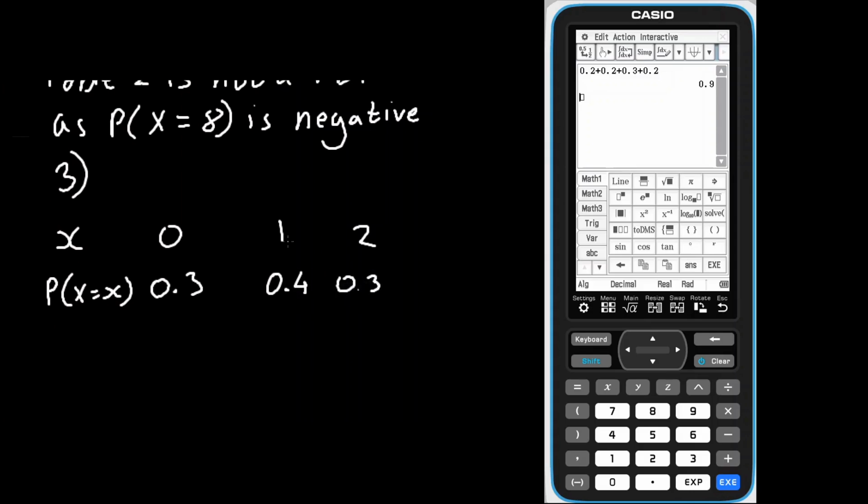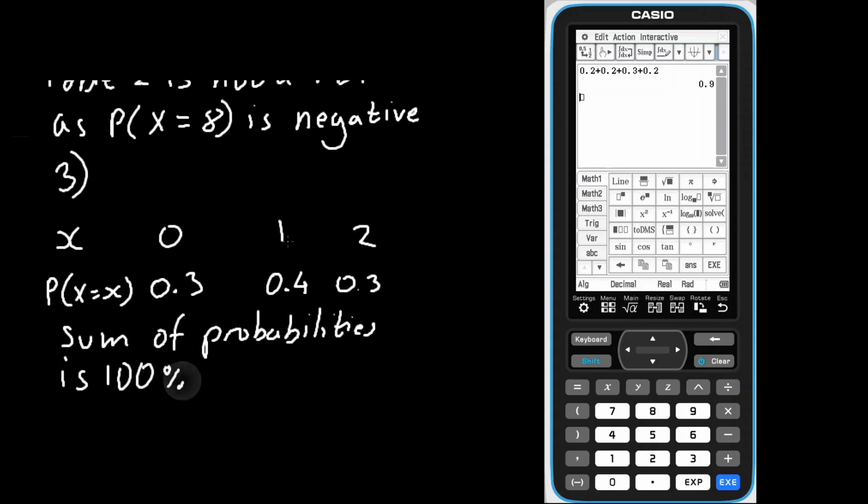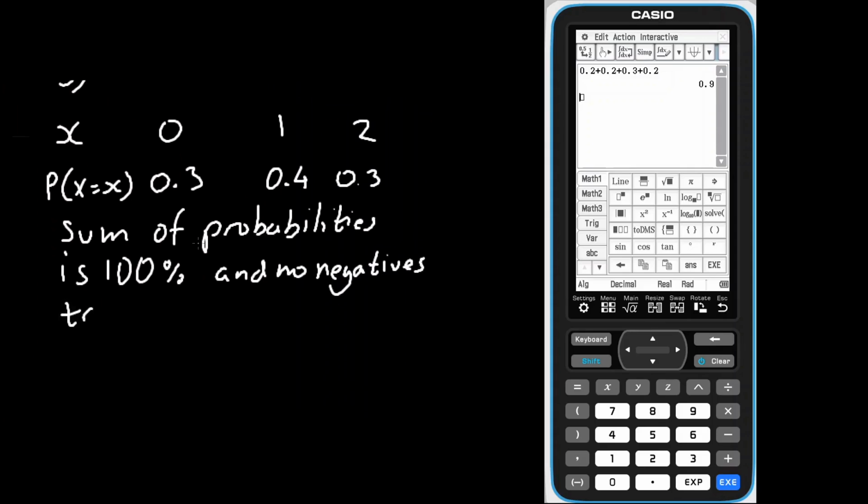So we say sum of probabilities is 100%, and no negative values. This is a PDF. Table 3 is a PDF.